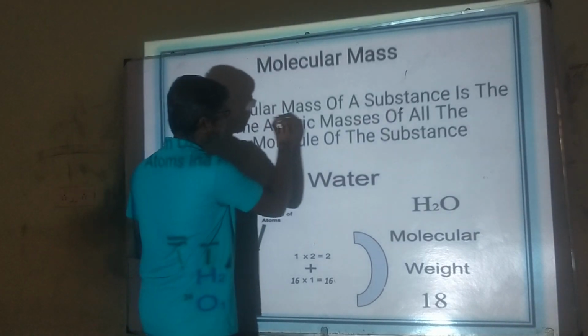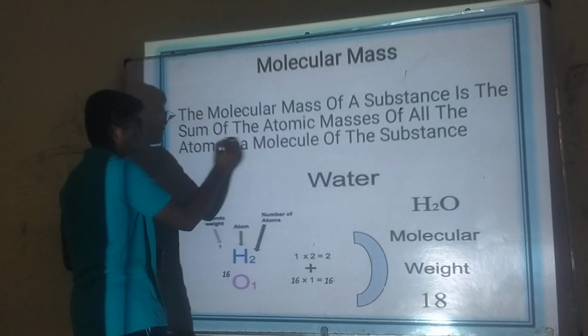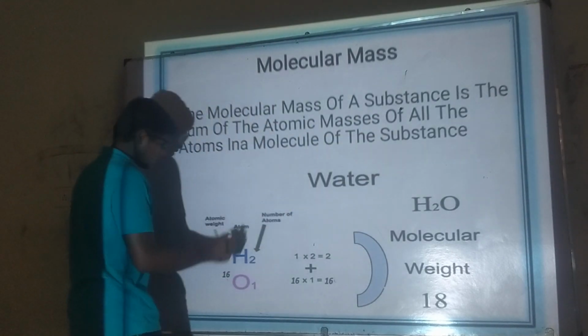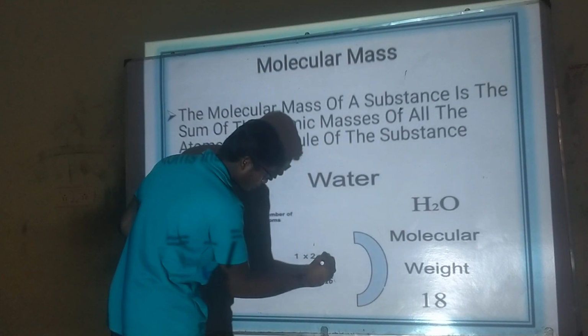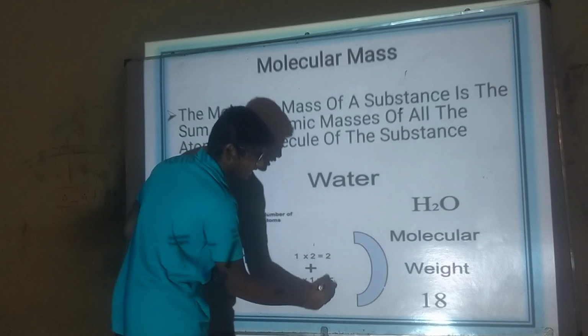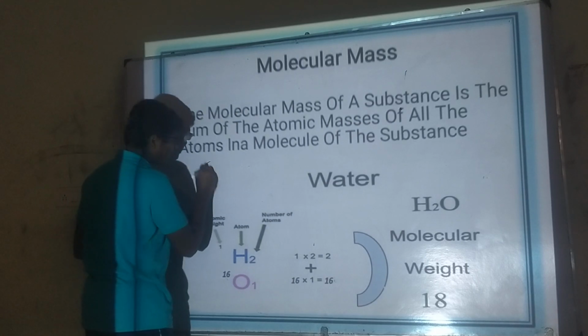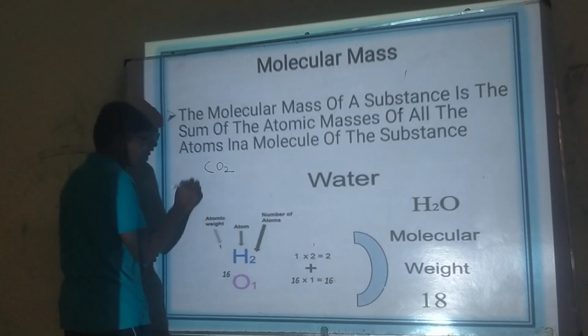Molecular mass. The molecular mass of a substance is the sum of the atomic masses of all the atoms in a molecule of the substance. Here 1 into 2 equal to 2 plus 16 into 1, which is equal to the weight of water, 18. Here we can also calculate the molecular mass of CO2.